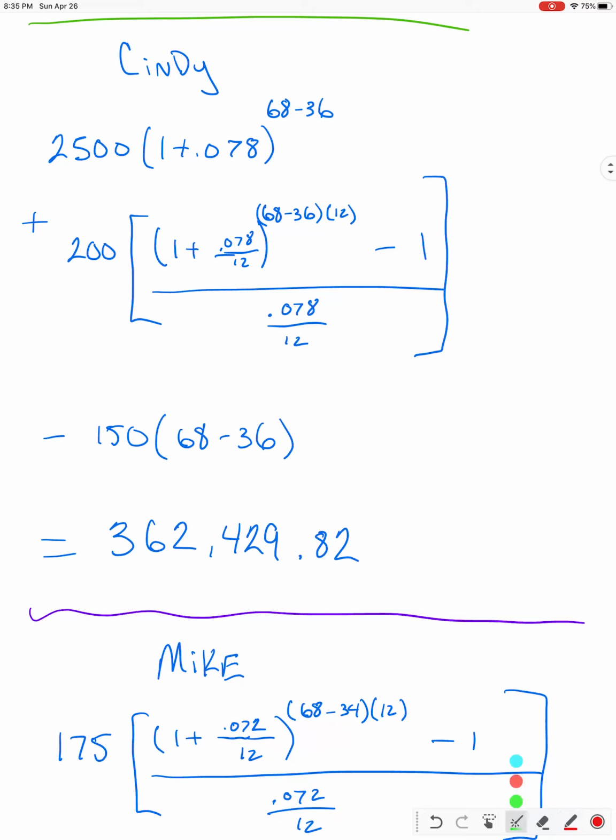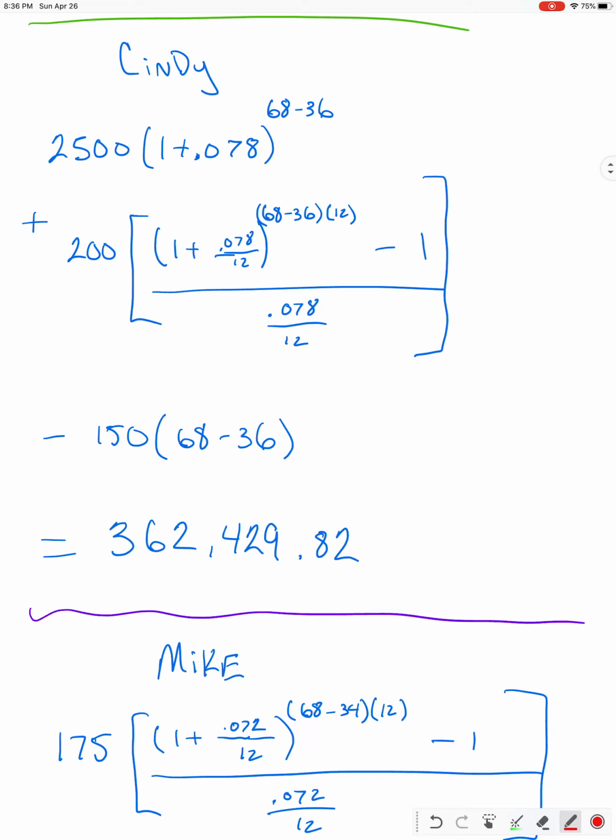So she initially starts with this $2,500, and then that's going to earn her interest for a while at 0.078 or 7.8%. Remember that this is the formula for exponential growth with a one-time deposit.